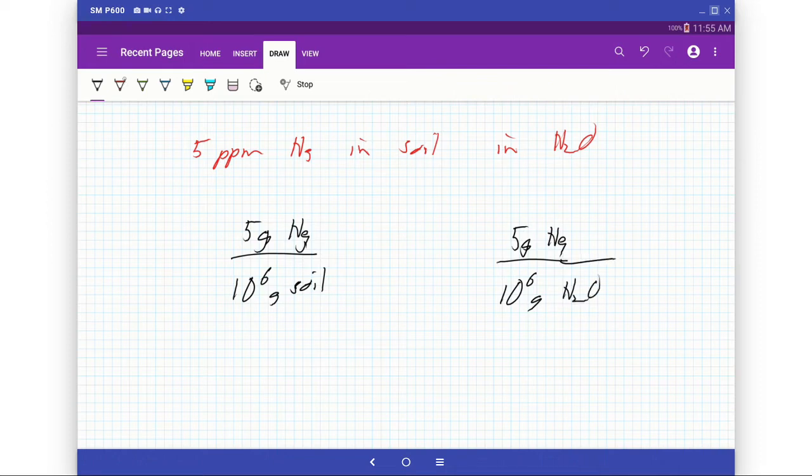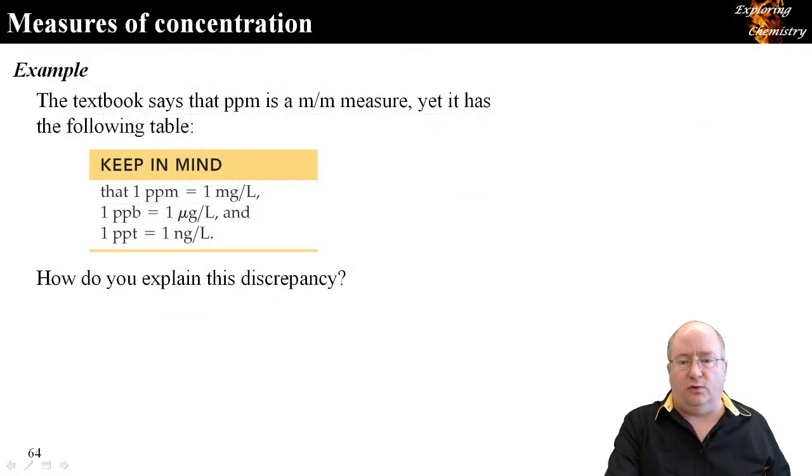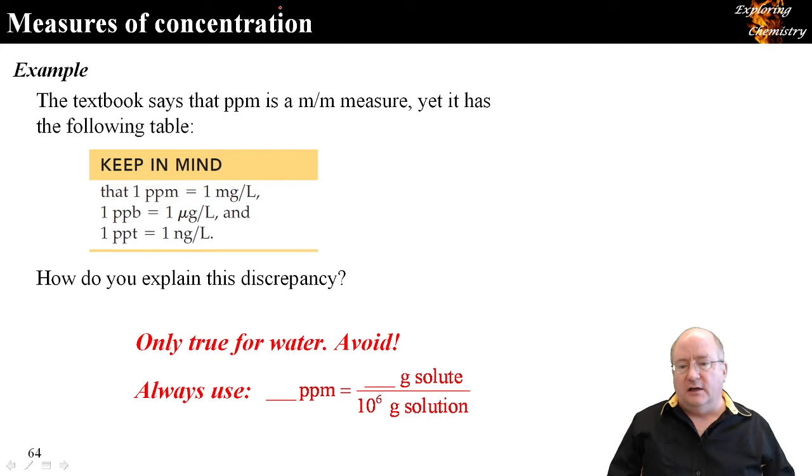So this process is much more generally applicable, whereas what was presented in the textbook is limited only to aqueous solutions. So that is only true for water. It is much better to always use what I just presented here: 5 parts per million is 5 grams of solute over 10 to the 6 grams of solution.